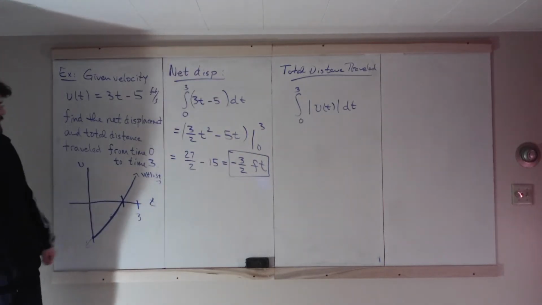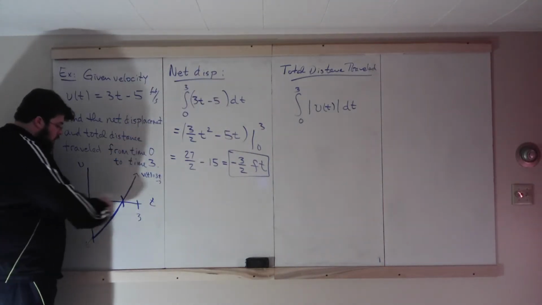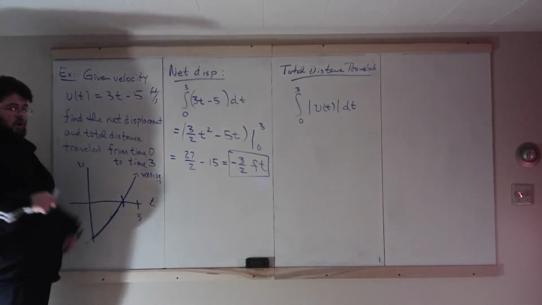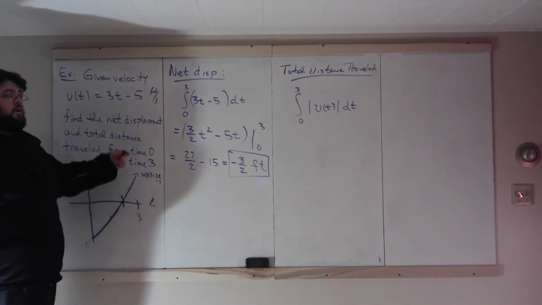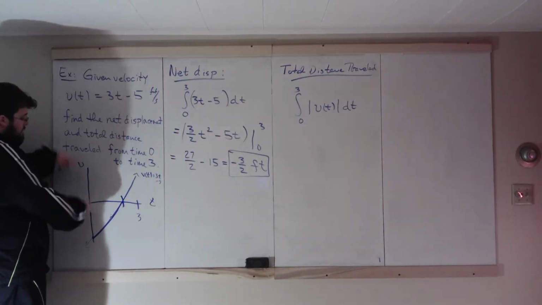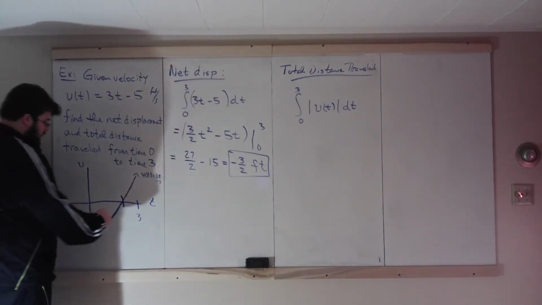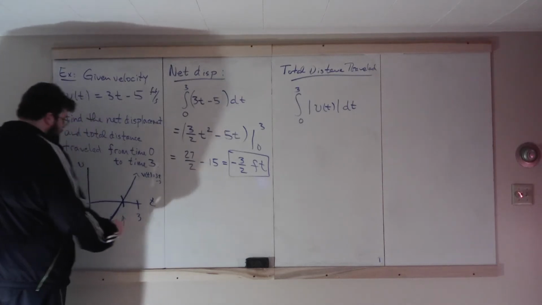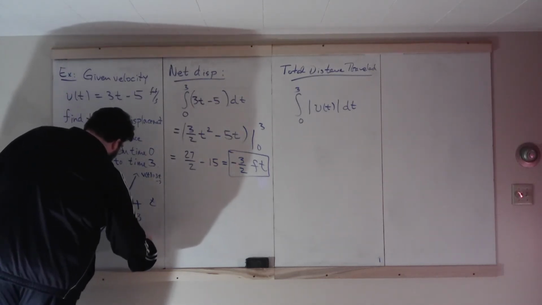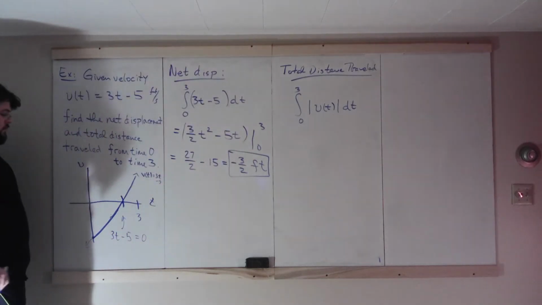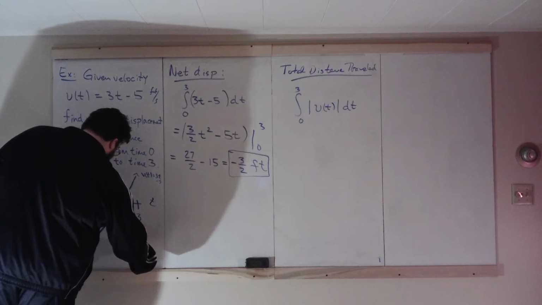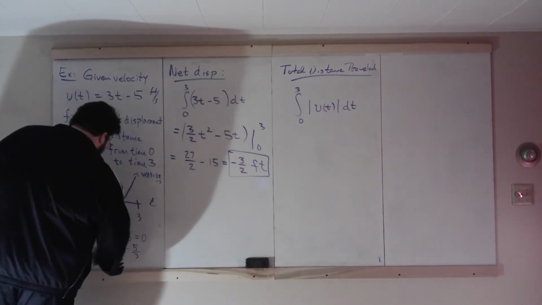What happens when it intersects the x-axis? It goes over a t value and it goes up 0. So the y value, the velocity value, is 0 here. So all we have to do is set 3t minus 5 equal to 0. Add 5, divide by 3, and you get t is 5/3.